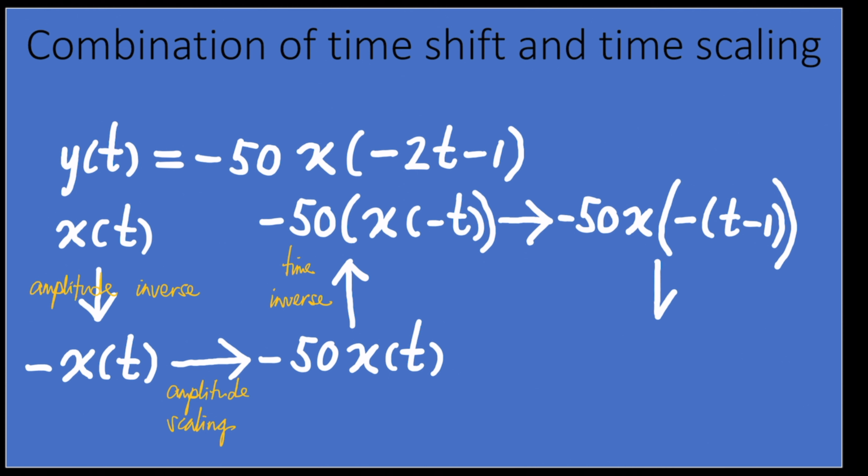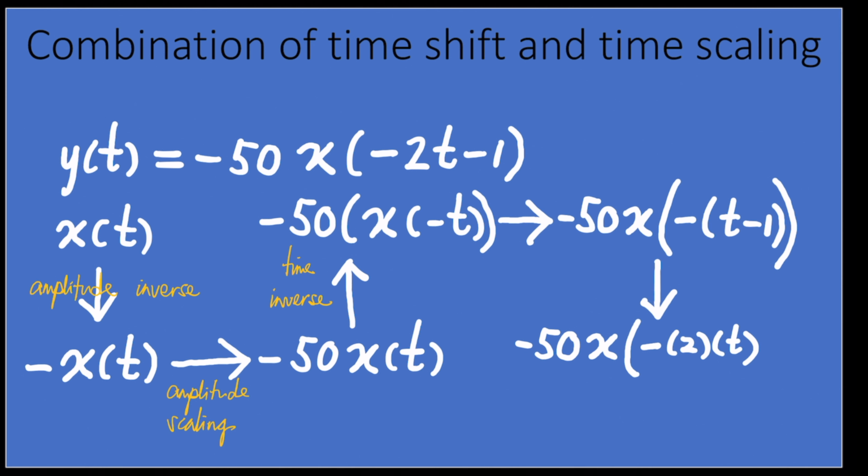Now let's see if there is another valid sequence of signal operations. Firstly, we start with the amplitude inverse and then amplitude scaling. After amplitude scaling, apply time inverse to get minus 50 x(minus t). So the difference starts here.